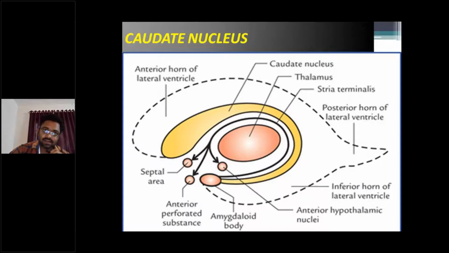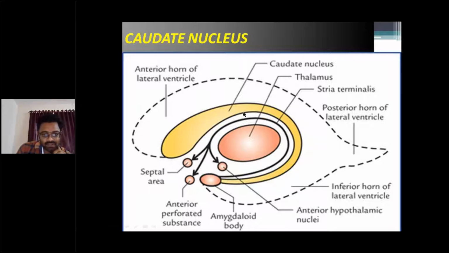So we see the corpus striatum, which comprises the caudate nucleus and lentiform nucleus. Let's see in detail about the corpus striatum. First we discuss the caudate nucleus. What is meant by caudate nucleus? It is a comma-shaped body.